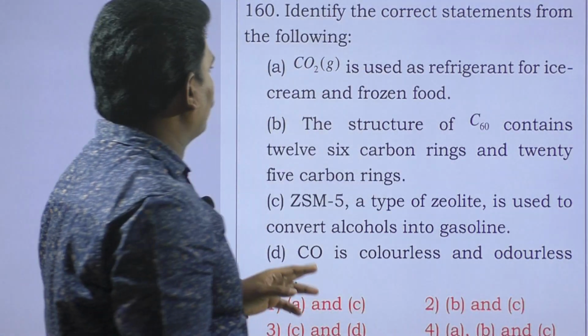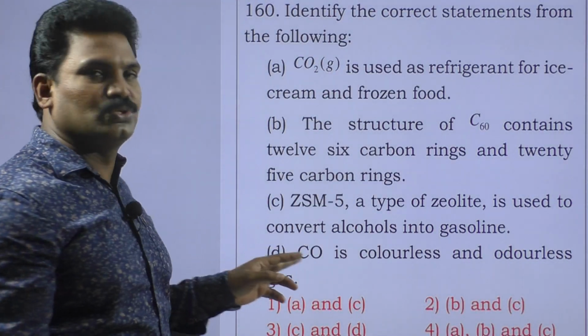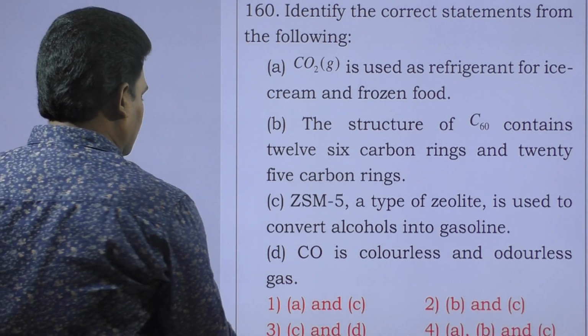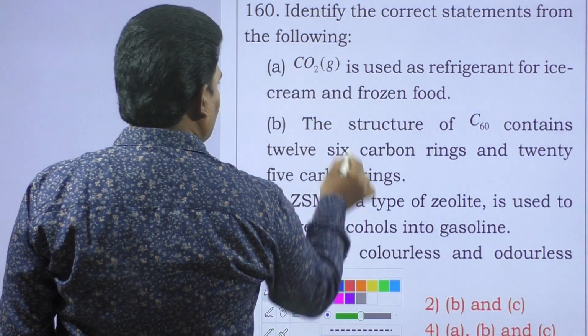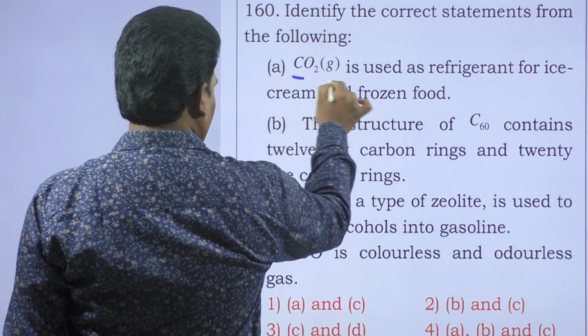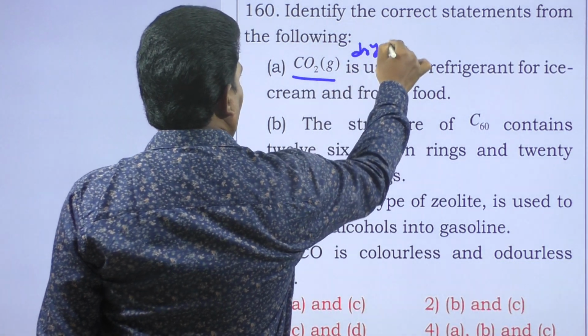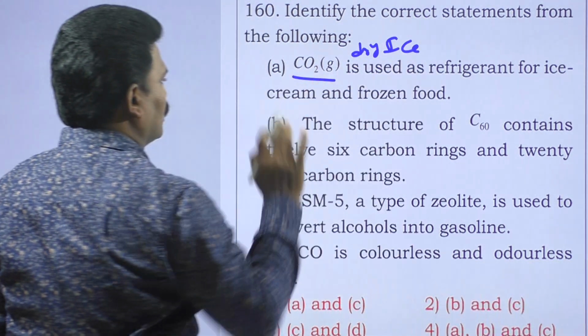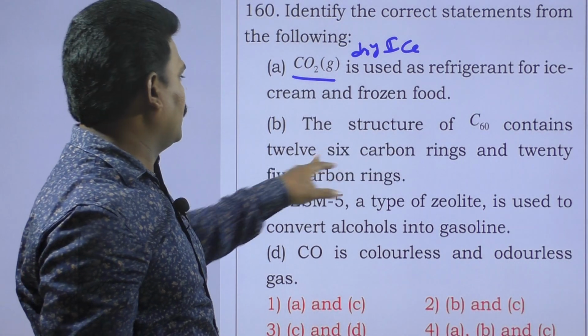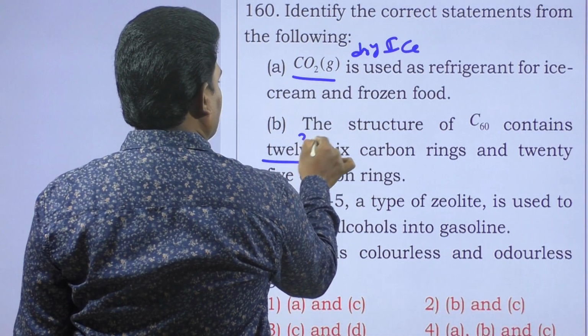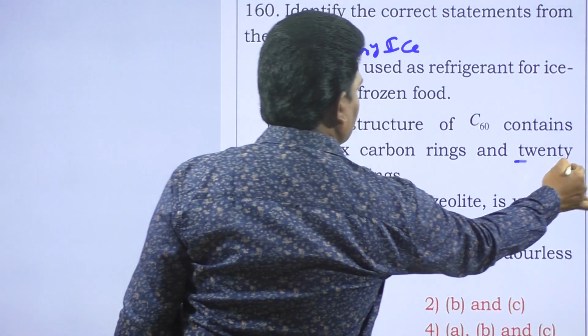Identify the correct statement from the following. CO2 gas used as a refrigerant. It is not correct because dry ice means solid CO2. Dry ice, solid CO2. So it is not correct. Structure of C60 contains 26 membered rings, 12 5-membered rings.